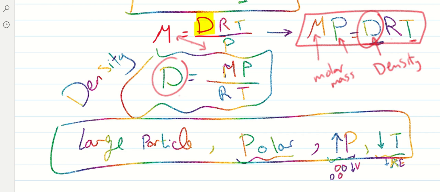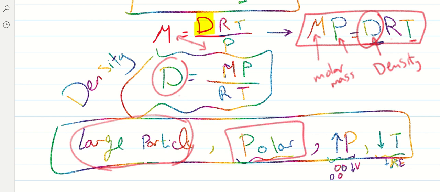That is the ideal. But what is realistic? Sometimes the gas does not behave like ideal gases. When this happens in large particle size, if the gas has large particles, why? Because it says, number one, that the volume of the particle is very small, so the particle here is large.